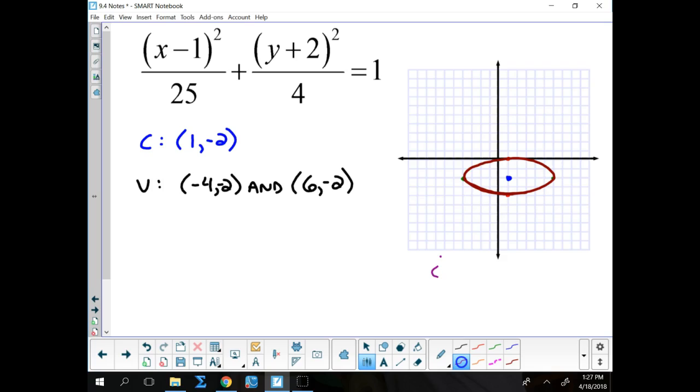C squared is the absolute value of 25 minus 4. 25 minus 4 is 21. Absolute value of 21 is 21. So C then is the square root of 21. So my foci are at where?